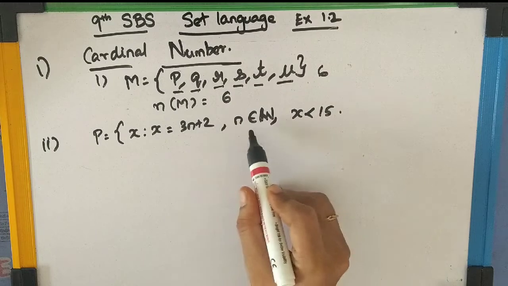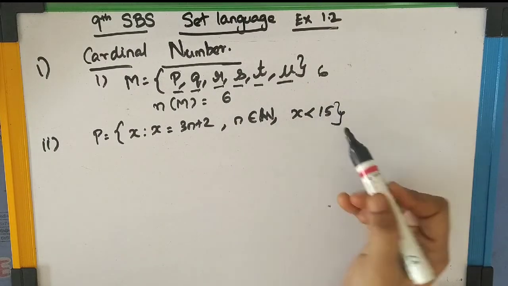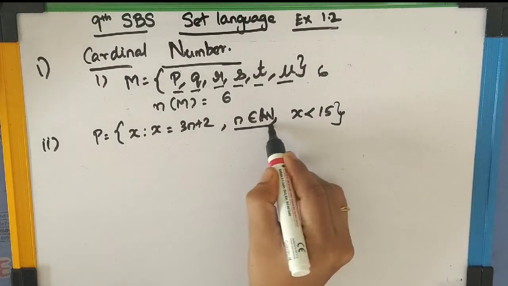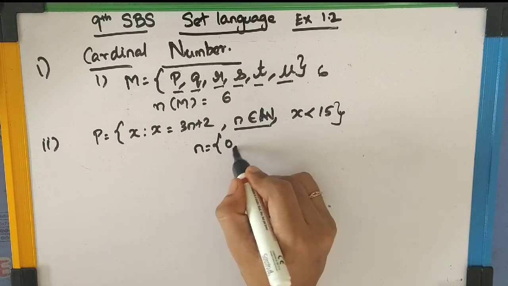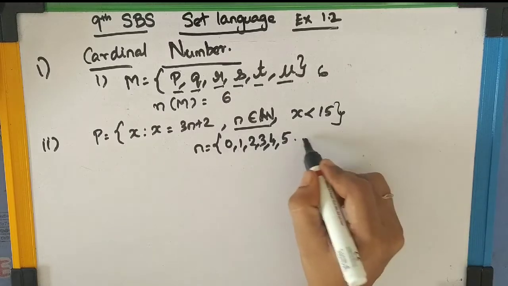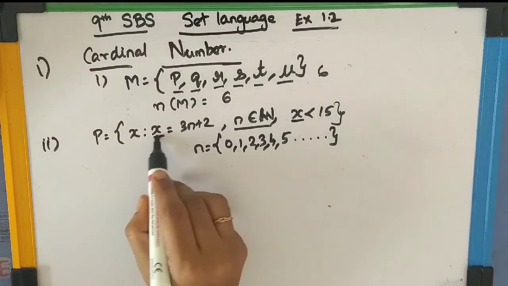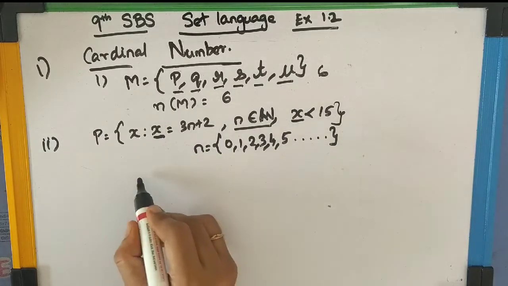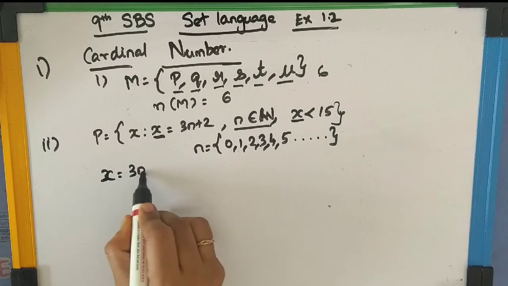P is equal to {x : x = 3n + 2, n is a whole number and x is less than 15}. Yes, n is a whole number. So, n starts from 0, 1, 2, 3, 4 and it goes on. Now, we have to find x. What is x? x is equal to 3n + 2.